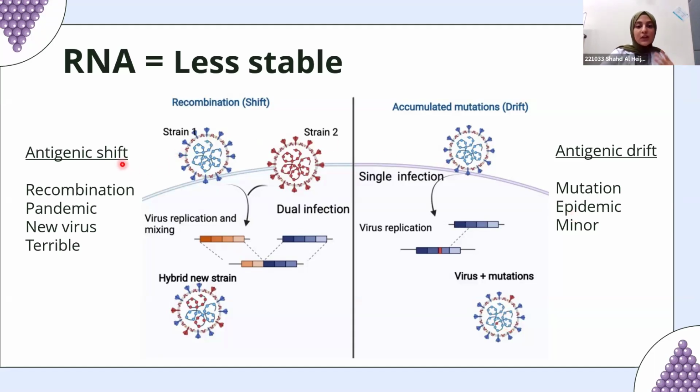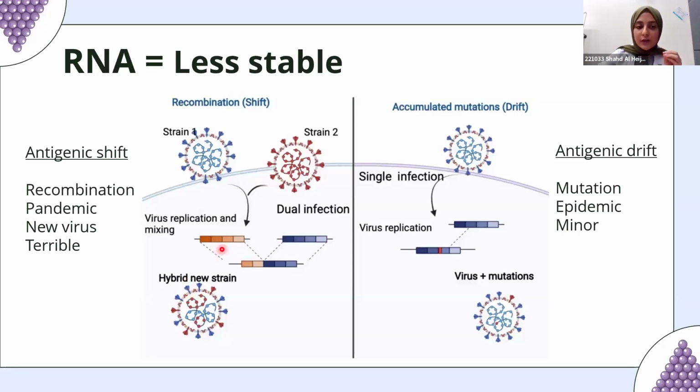Meanwhile, in antigenic shift, you have dual infection. Now you have recombination. Recombination also can cause pandemics, so for whoever was asking. This will form a new virus, and this is very bad. But you need to remember that recombination and reassortment differ by what's happening in the genome itself.